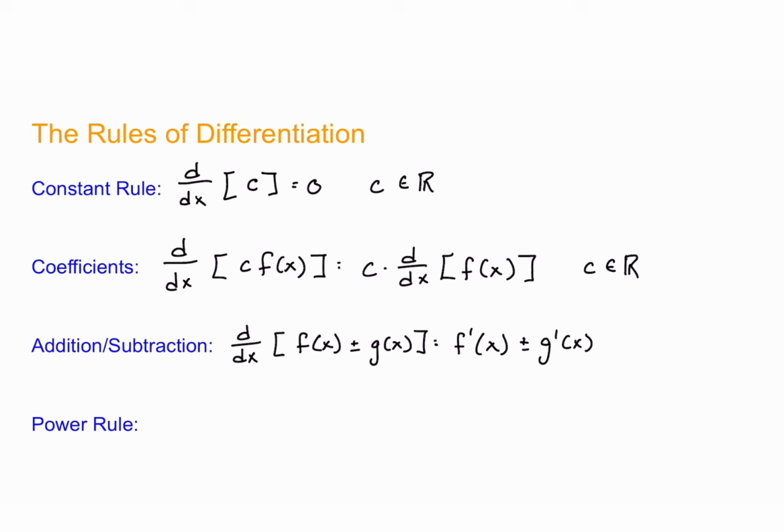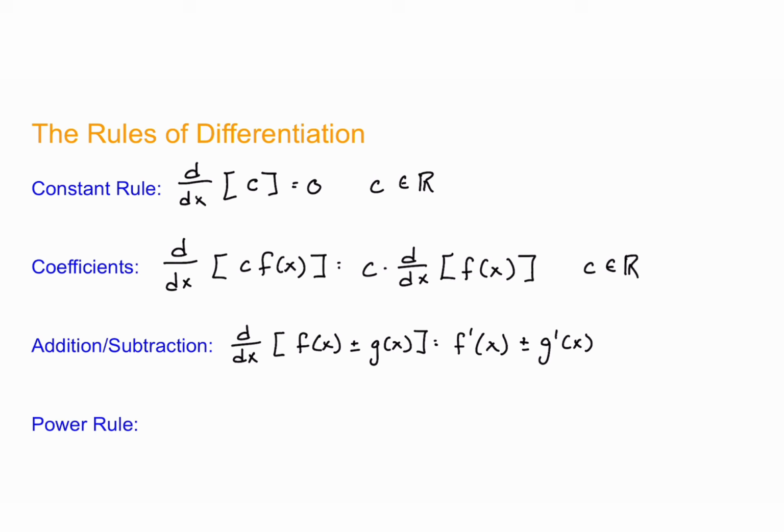So what this rule is saying is that if you have two functions that are being added or subtracted to each other, then you can actually go ahead and take the derivative of each individual term and then add those together to get the full addition and subtraction derivative.